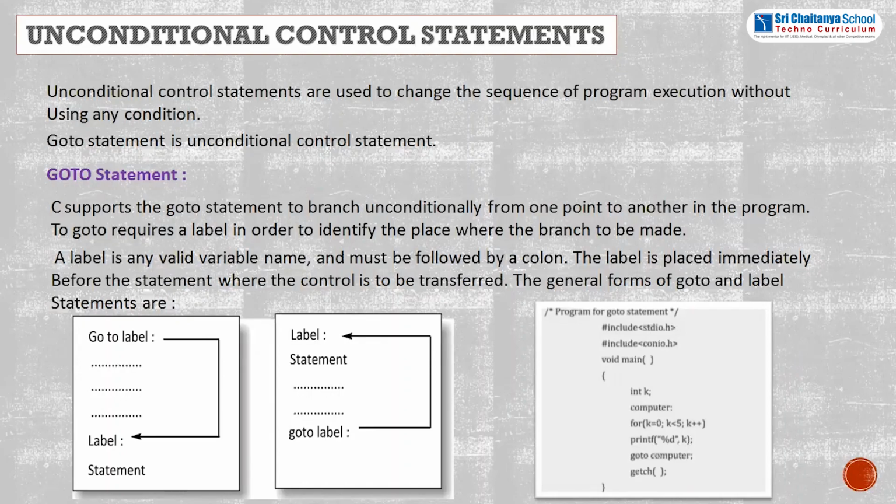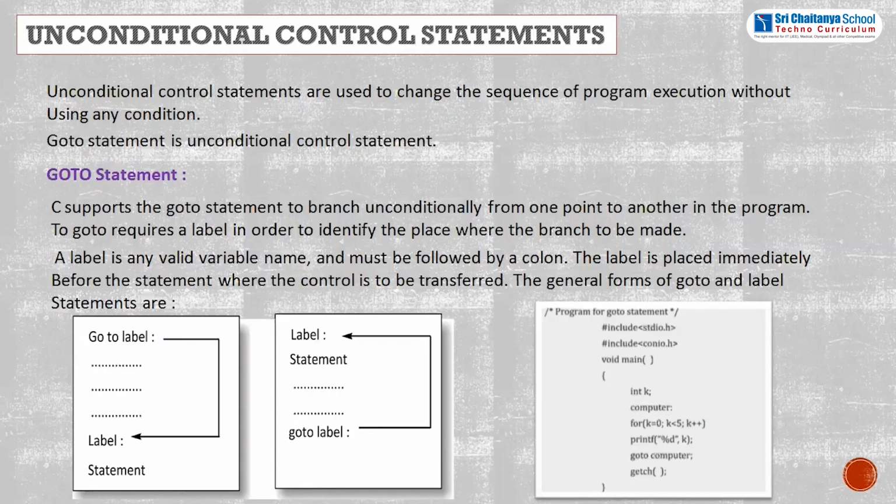What is a goto statement? Come, let's understand. The goto statement is an unconditional statement which goes from one point to another point in the program. C supports the goto statement to branch unconditionally from one point to another in the program. A goto requires a label in order to identify the place where the branch is to be made.